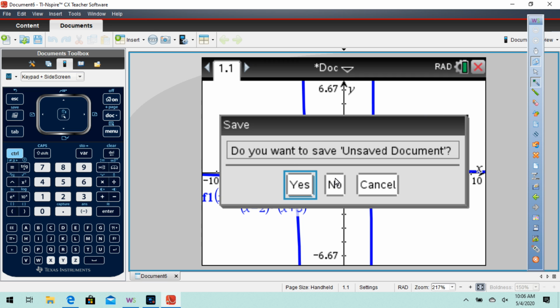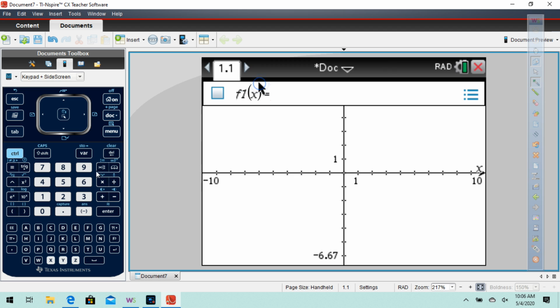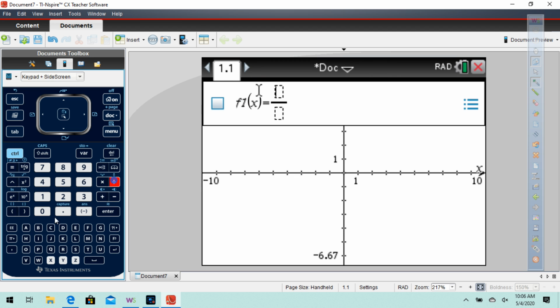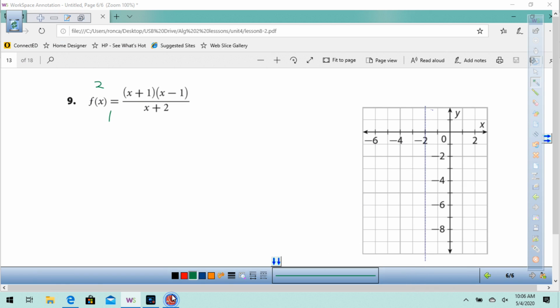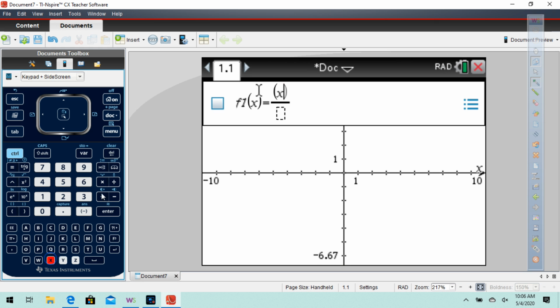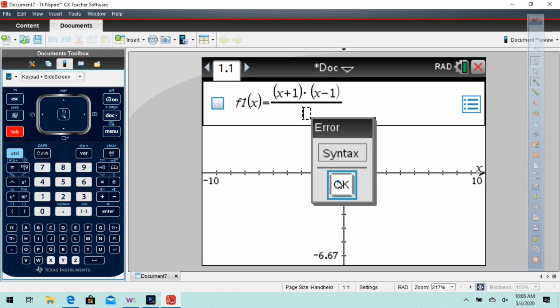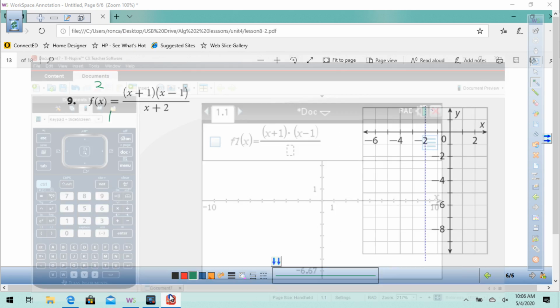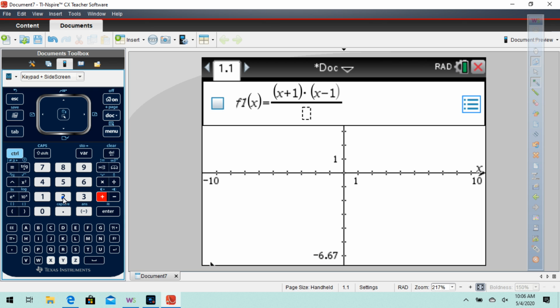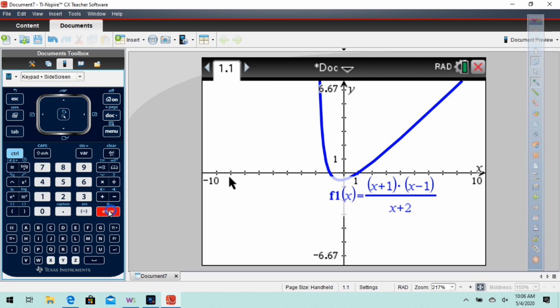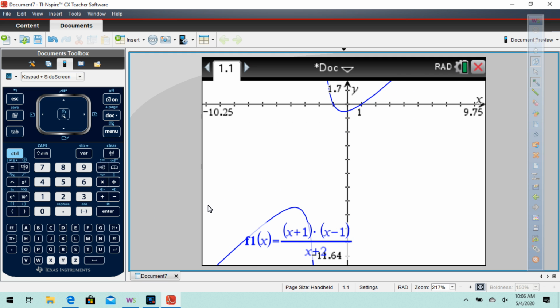On new document, no, graphs. We've got x plus 1, x minus 1, and then in the numerator, we've got x plus 2. And then there's your vertical asymptote. Okay.